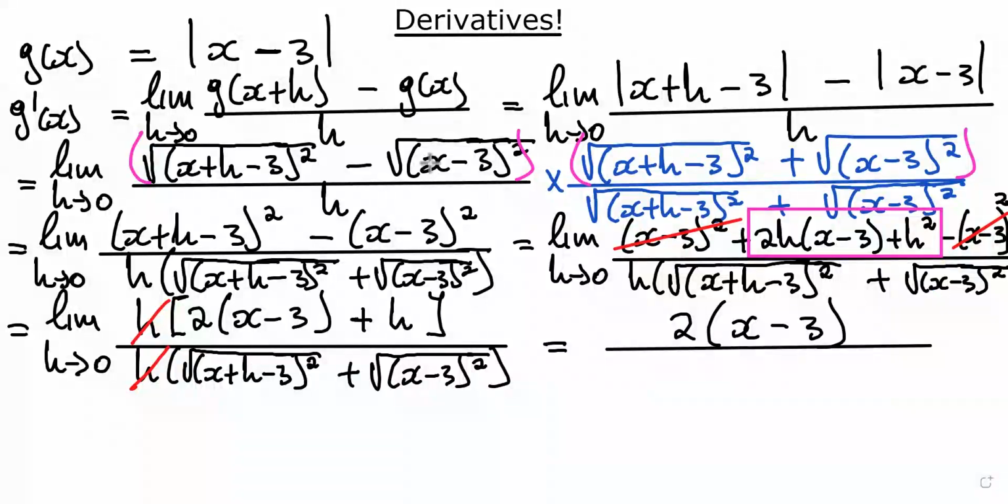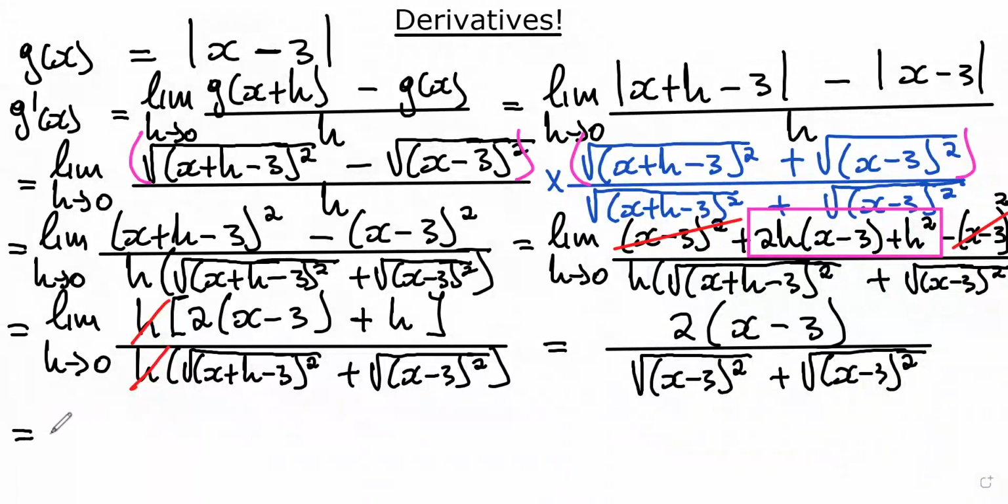And then if you go to your denominator here, then what is going to happen? Well, if you let h be 0, then you now have the square root of x minus 3 squared, and this is added to the square root of x minus 3, and it is squared as well.